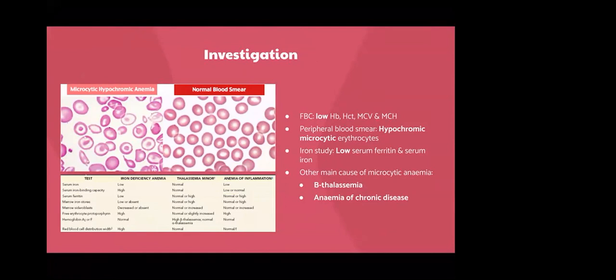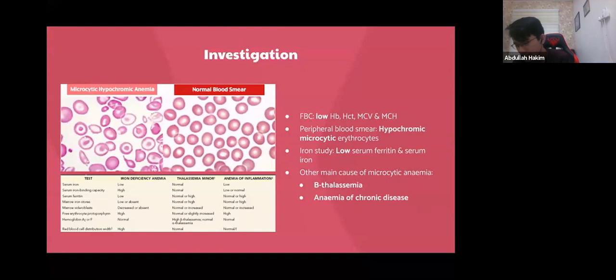Okay, I'll explain. So there are several tests that we can use to differentiate between iron deficiency anemia, thalassemia, and also anemia of chronic disease. So for serum iron, the iron deficiency anemia will have low serum iron, and also the anemia of chronic disease will also have low serum iron. But for thalassemia, it will have normal serum iron.